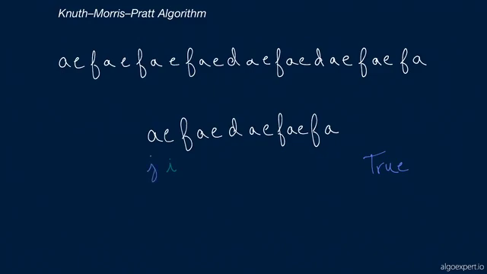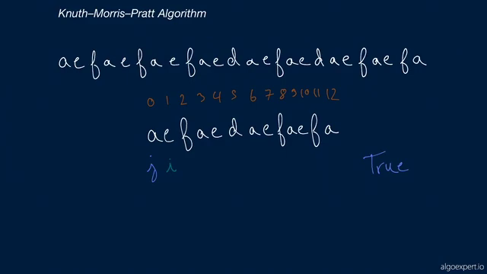And perhaps just to help us visualize this better, I'm going to write the indices of every character in the string above each character. So 0, 1, 2, 3, 4, 5, 6, 7, 8, 9, 10, 11, 12. Okay, 12 character string. Or, sorry, 13 character string.